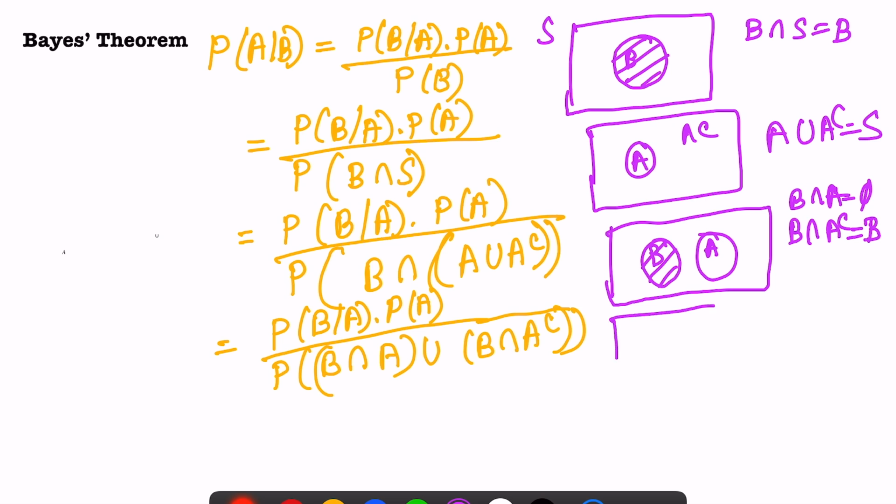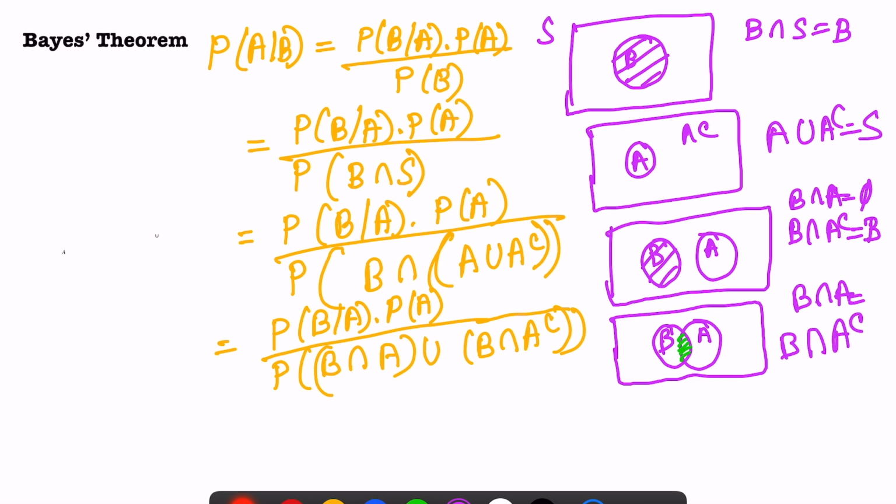And also let's see one more scenario where B and A intersect with each other. In that case, B intersection A is what? This part. B intersection A complement, that is what?